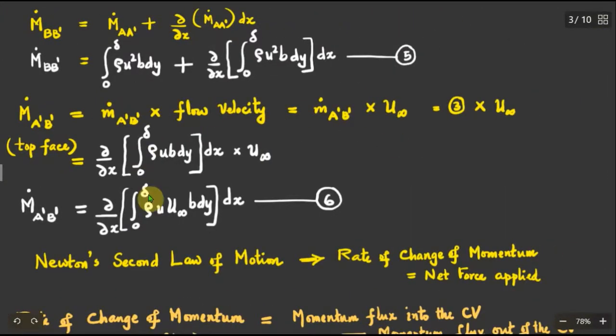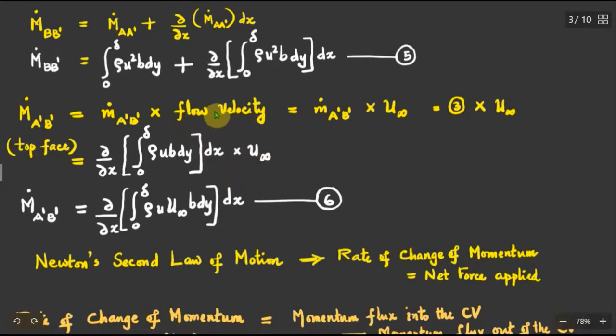Here capital M dot represents momentum flux through A dash B dash, that is the top face, and that will be equal to mass flux. The mass flux, small m dot A dash B dash, is this one, we already found out: dou by dou x of integral 0 to delta rho u b dy into dx. This much is the mass flux through A dash B dash, which we found out from the mass balance, then multiplied by the flow velocity.